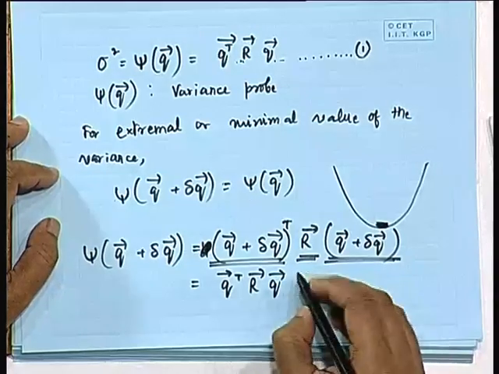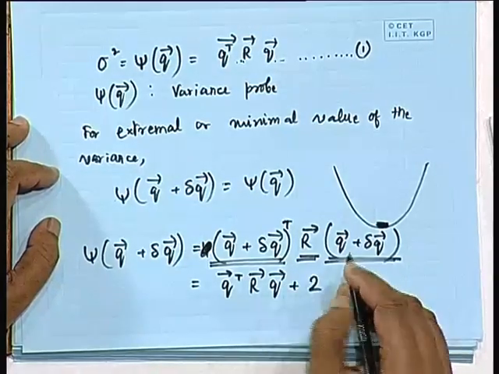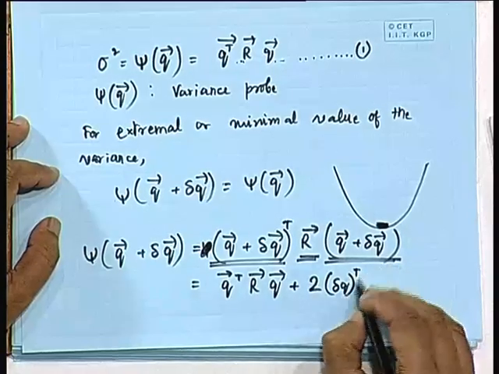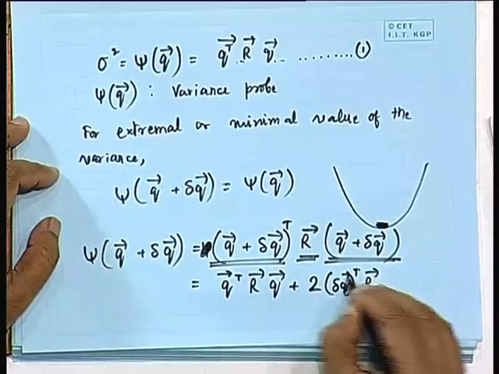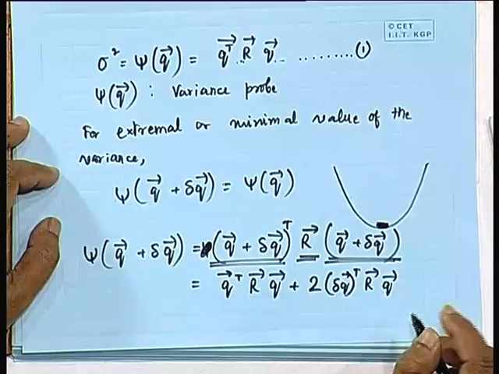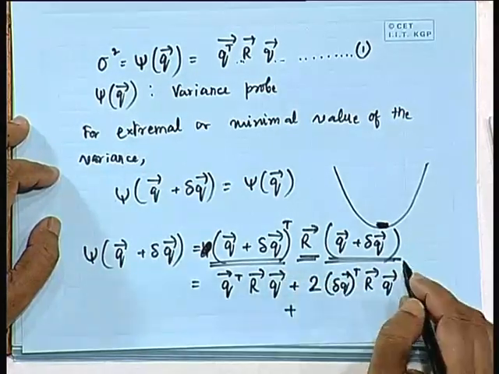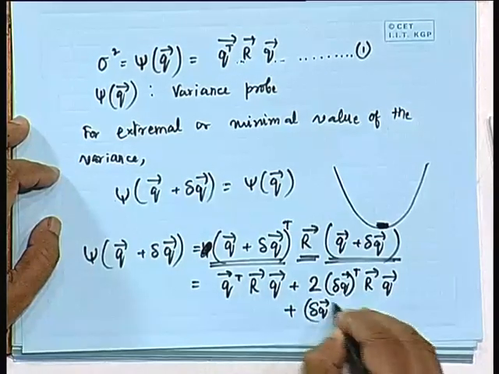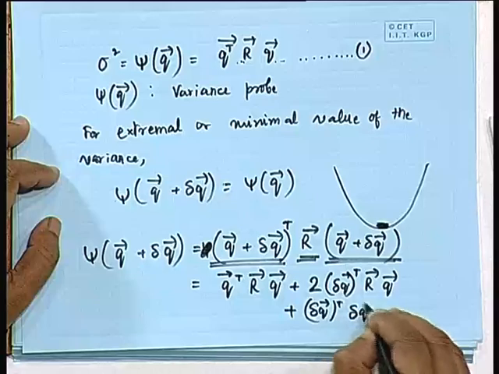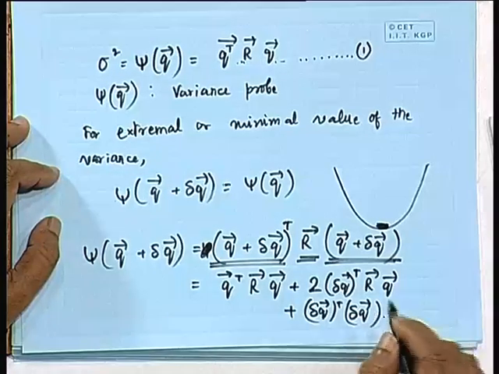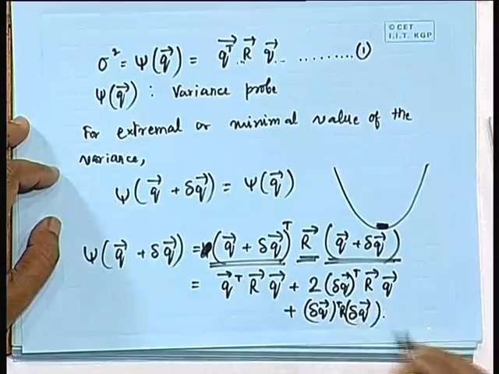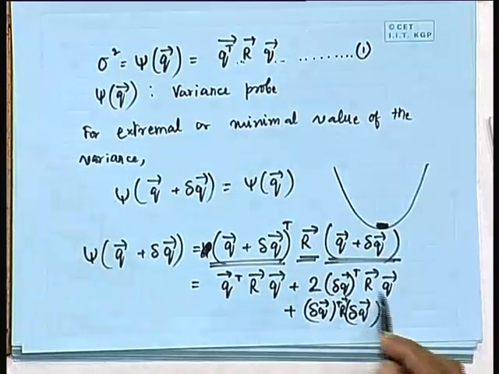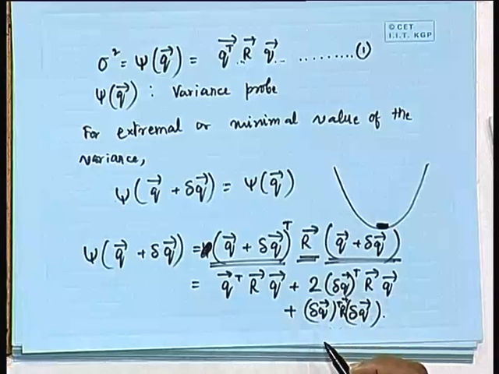Then we will be getting 2 times delta q transpose r q, and then the third term as delta q transpose r delta q, correct, delta q transpose times r delta q. Thank you for the correction again. So there are 3 terms in this expansion.